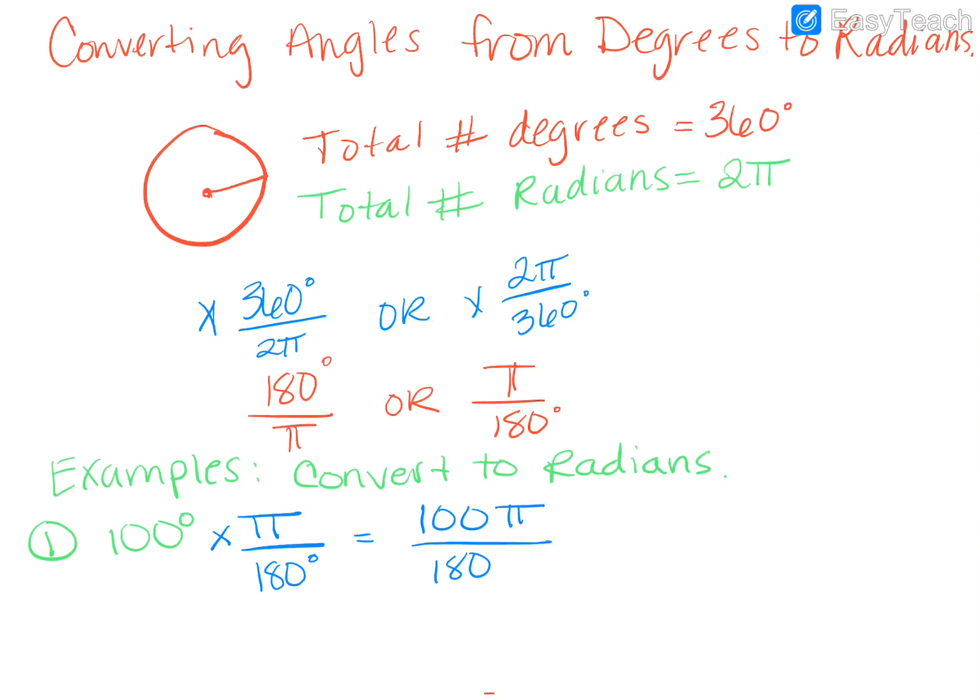And you can reduce by 10 first, and then you can reduce by 2. So 10 divided by 2 is 5, and 18 divided by 2 is 9. And I'm going to double check, and you cannot reduce that anymore.